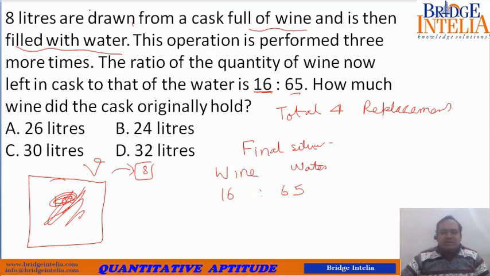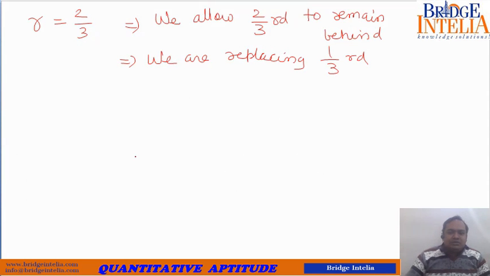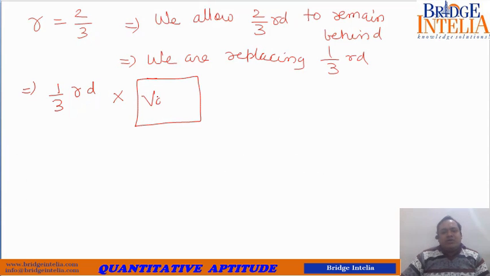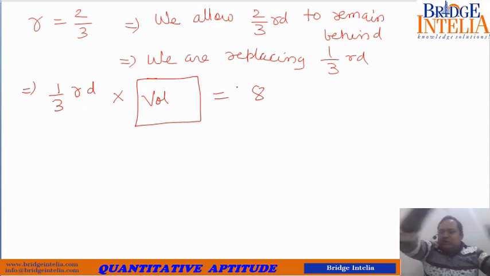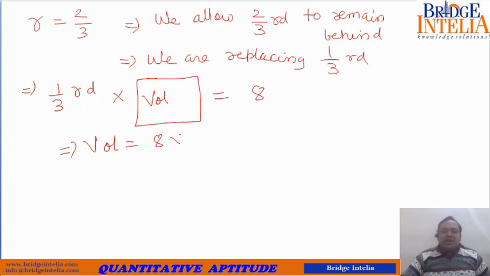What is given in the question? 8 liters are drawn. So for the first time, when you had taken 1/3 of the original volume, it came out to be 8. You took out 8. So 8 must be equal to 1/3 of the original volume. So original volume comes out to be 8 into 3, that is equal to 24 liters.